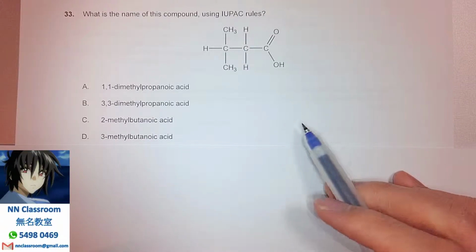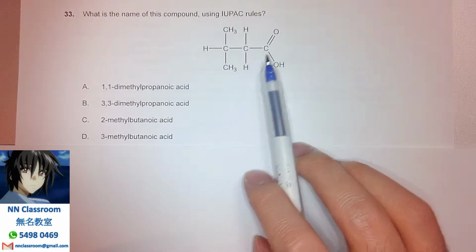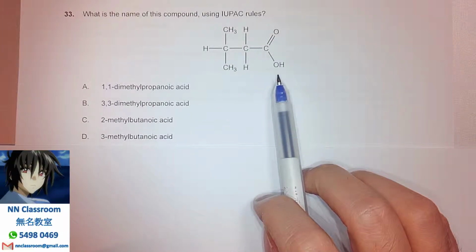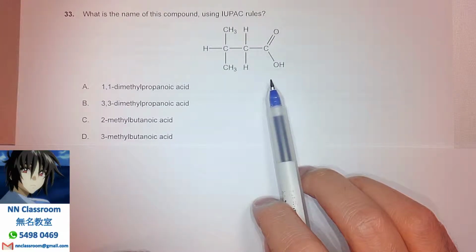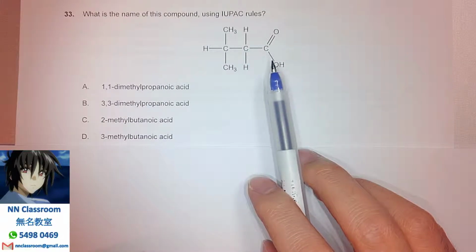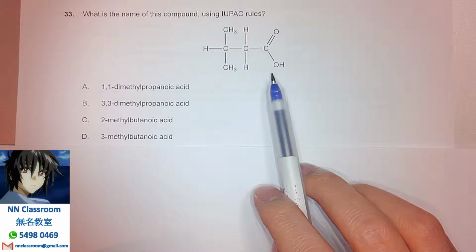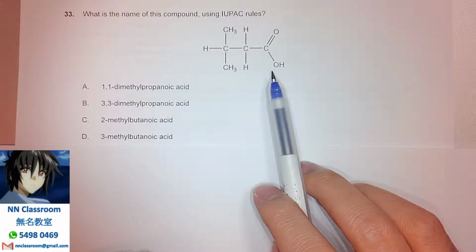So let's see. Remember the rules of IUPAC: the first step to name any compound is to locate the parent chain. So what is meant by parent chain? The parent chain is the longest continuous carbon chain with the functional group located on it.